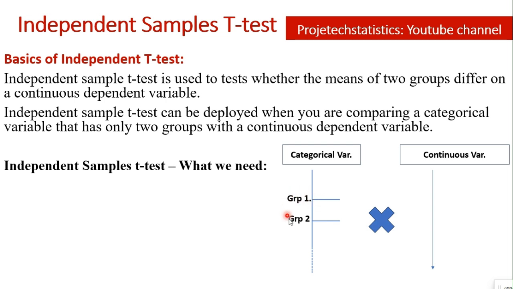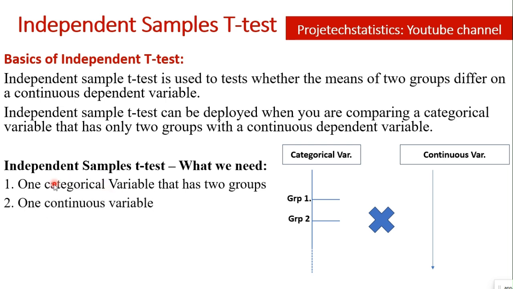So when you are comparing a categorical variable that has two groups against a continuous variable, then independent sample t-test is the statistic to use.